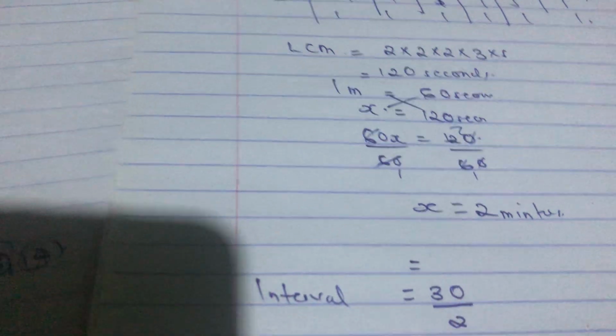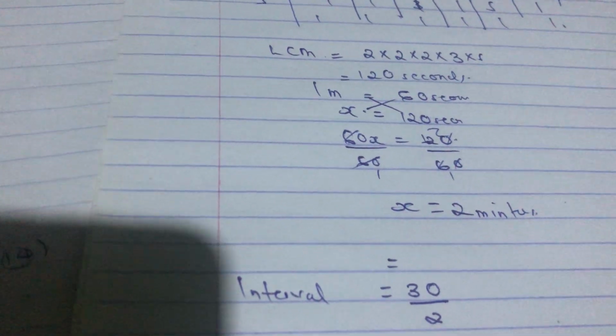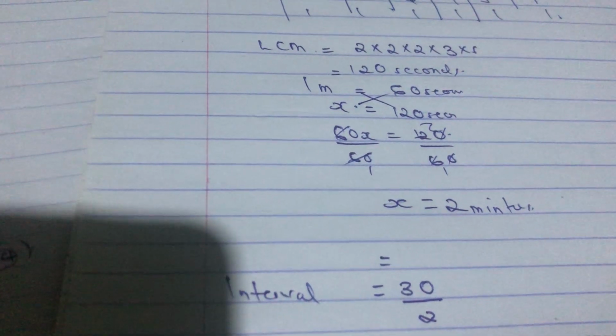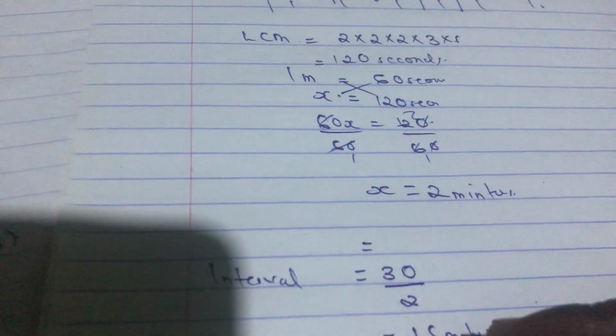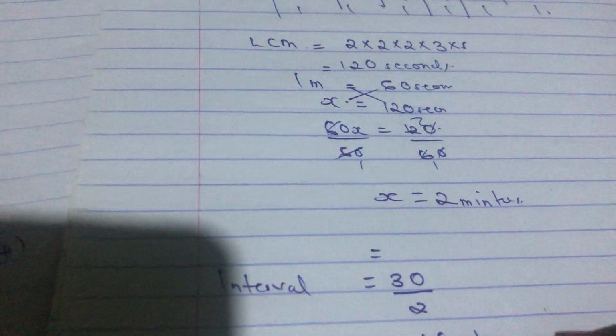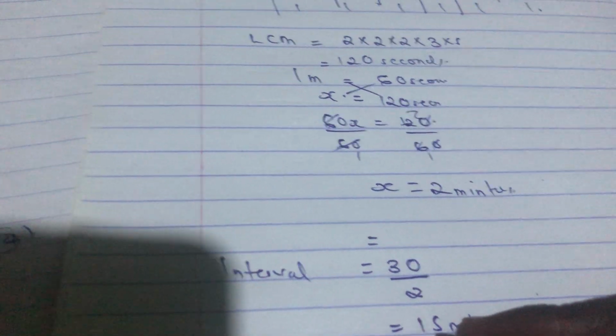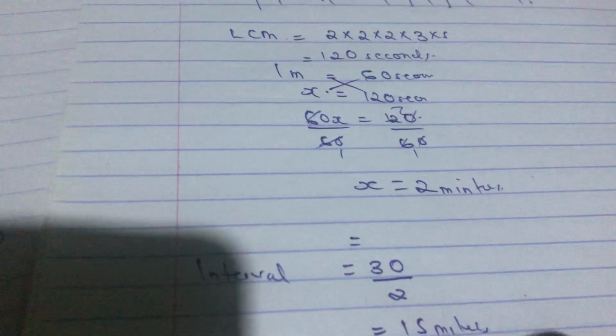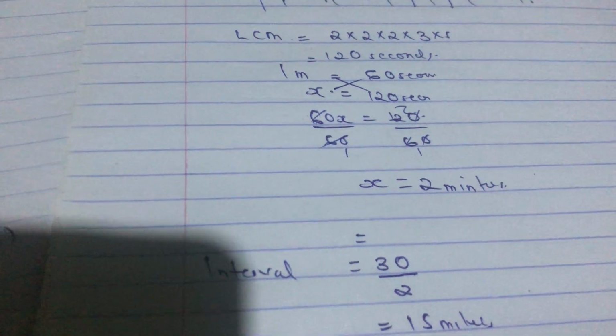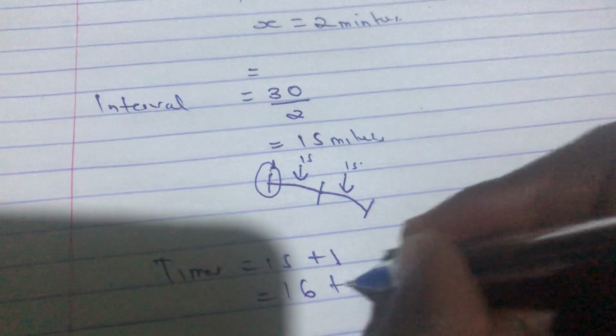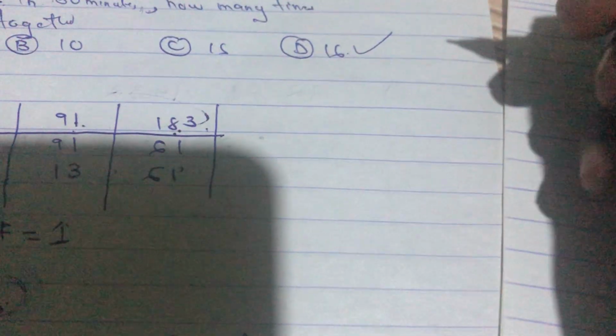But when we want to get the number of times, remember if this is a clock coming like this, these are the intervals. If you want to get the number of times, you also have to add the one where it starts from. So the number of times will be 15 plus 1, which gives 16 times. So our answer here will be D, which is 16 times.